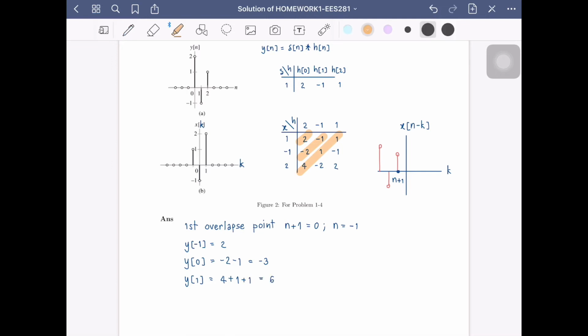Next one is y[2], the sum of -2 minus 1, equal to -3. And the last one, we have y[3] equal to 2.